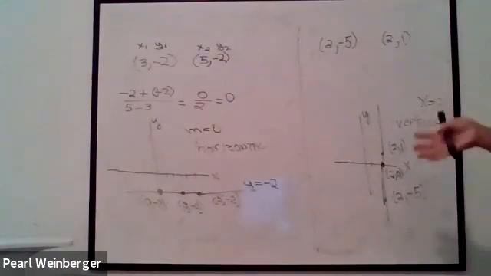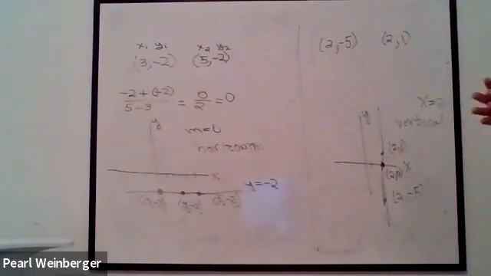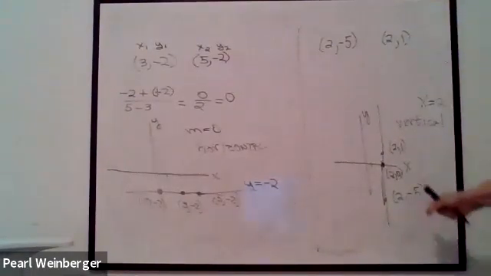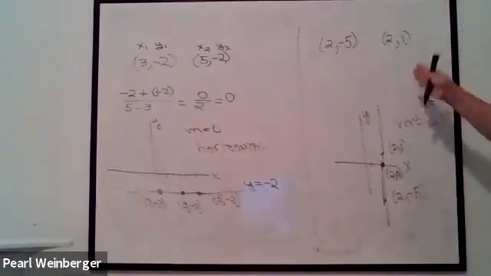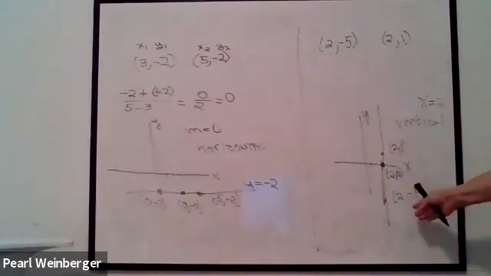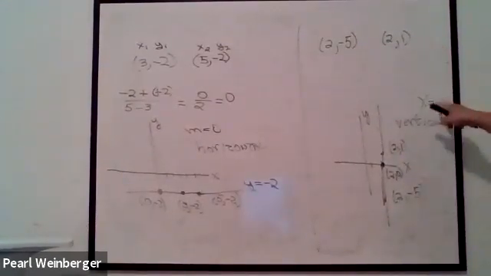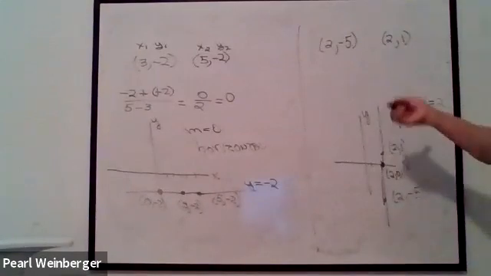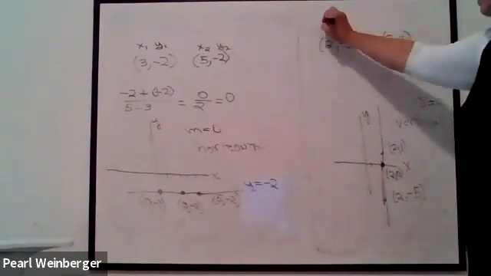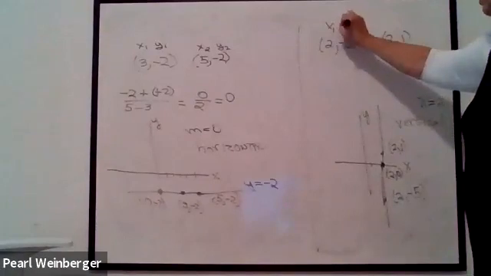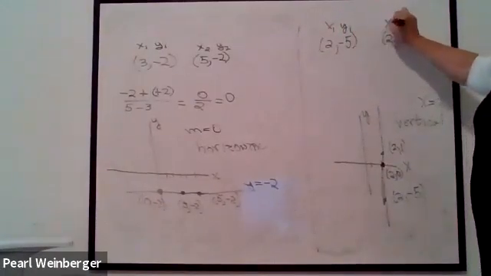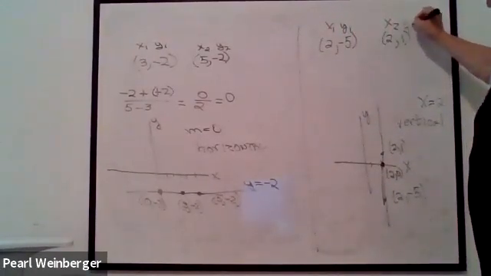Again, it's not an equation in the y equals mx plus b form because it's not a slant line. It's a line where every x is the same on every point, so therefore it has only an x value, there's no y value in the equation. x equals 2. What about the slope of this line? Well, if I went to do the slope of this line, again, here's my x2, y2.